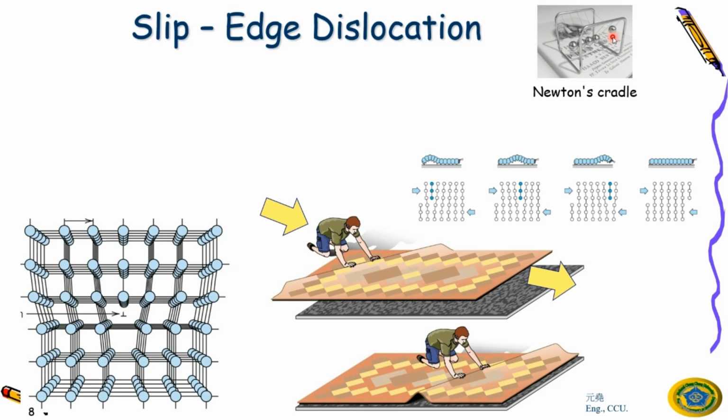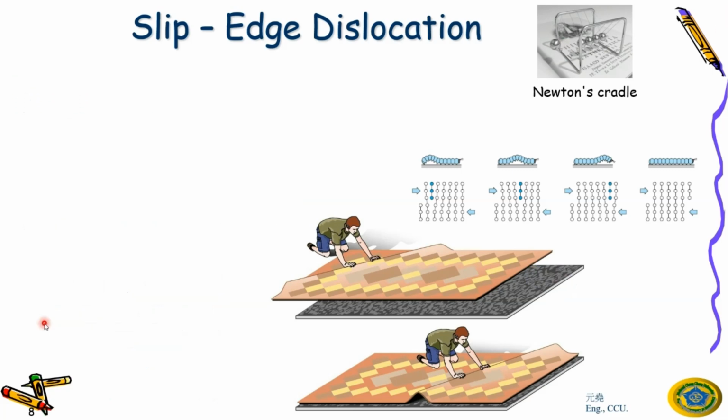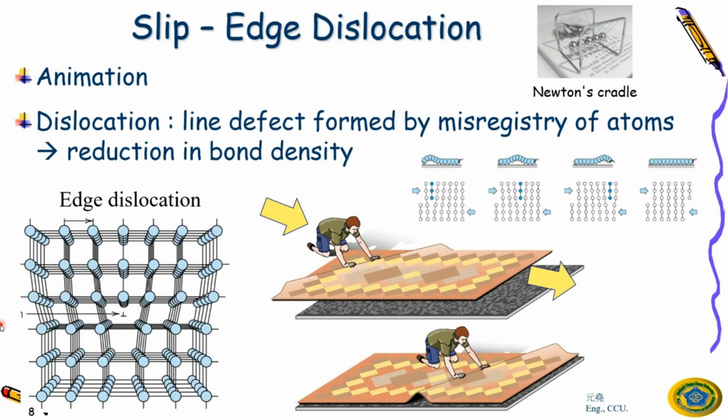An electron doesn't move to the bottom, but an electron moves to one position and pushes another electron away. That's why electrons move so fast. So this is called the edge dislocation. This moves to the end. This is formed by the registration of the atoms.